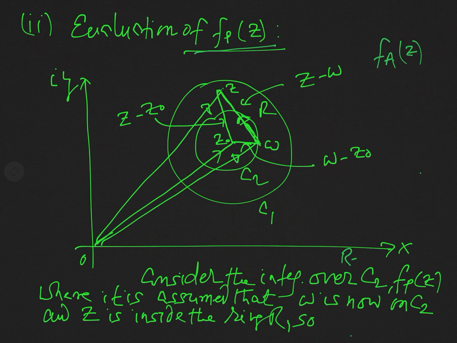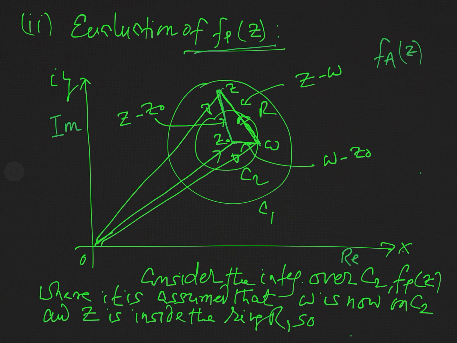The horizontal axis is the real axis, which I have denoted by x, and the vertical axis is the imaginary axis, represented by iy. Now let us again join the origin to the points w, z and z naught. And from this figure again you can see the length of the line joining the point z and the point z naught, that is, this center.